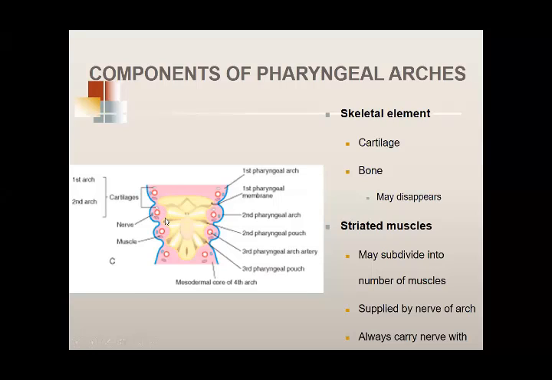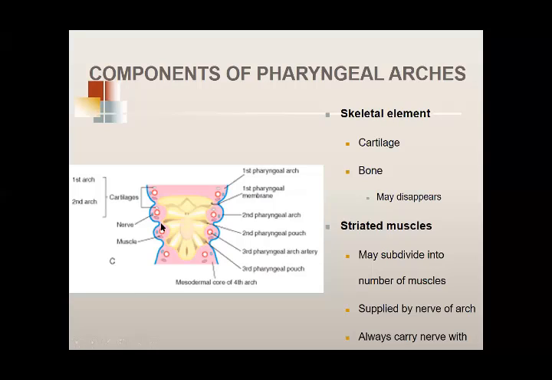Okay? So as the grooves and the pouches deepen, they approach each other, so that they come in contact with each other. So ectoderm of the groove comes in contact with the endoderm of the pouch with very little loose mesenchyme in between.